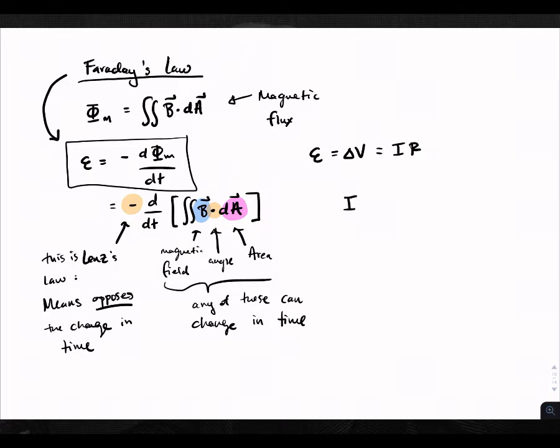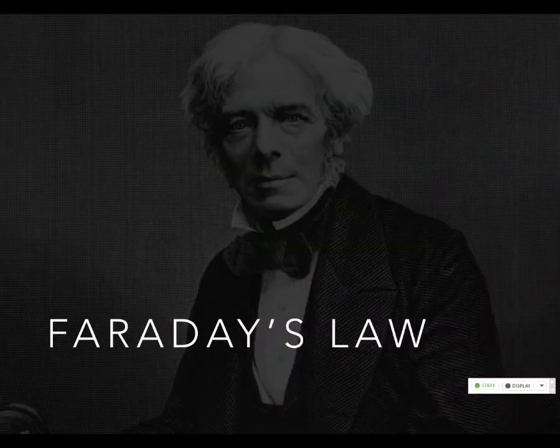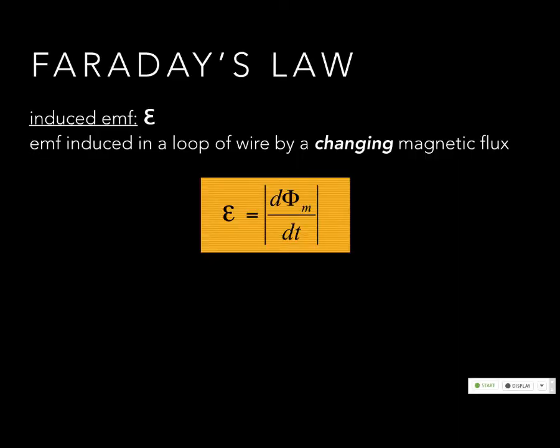So if you want to figure out the current induced, you say current is equal to this, so you just divide everything by R. So this is epsilon over R, which is equal to negative 1 over R times the magnetic flux over time. Okay? So your induced current comes from the change in your magnetic flux, and the negative sign indicates that it opposes the change. But if you want to do it mathematically, you can do it this way and then use Lenz's law to figure out which way the current's going.